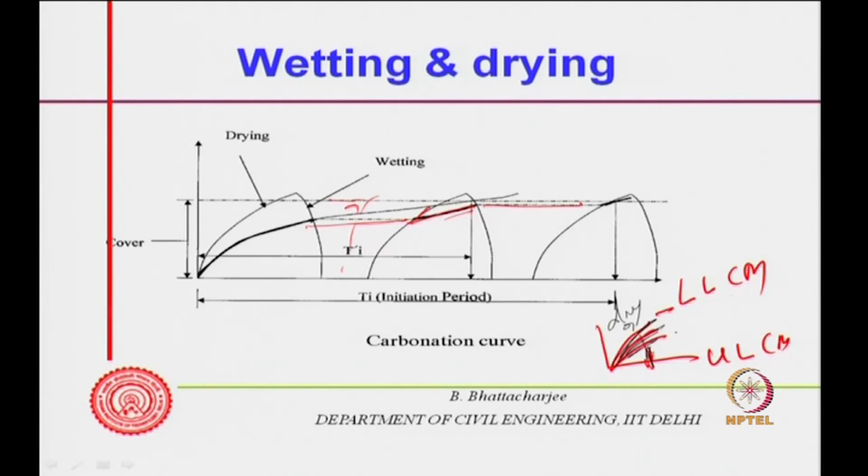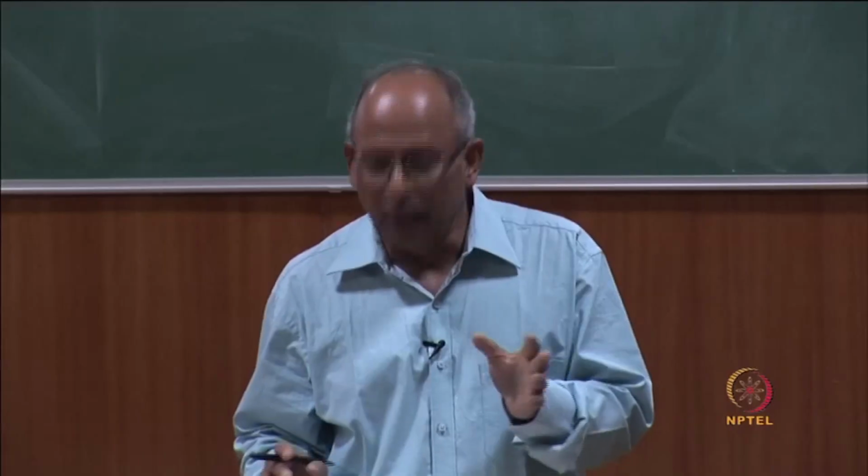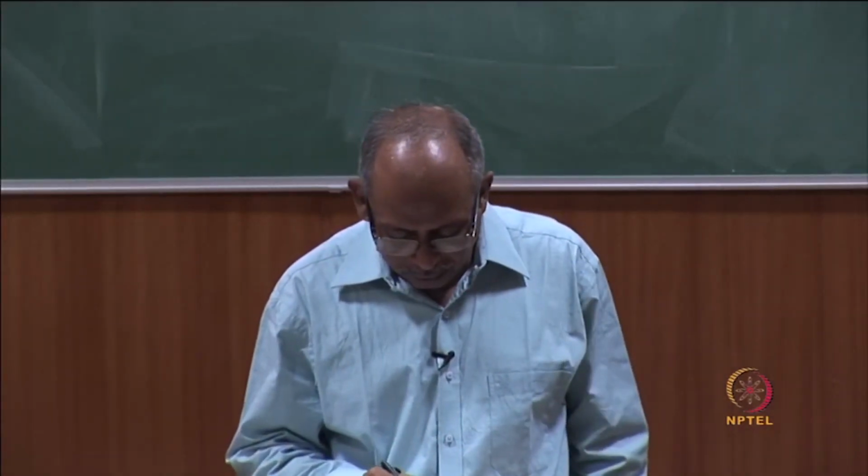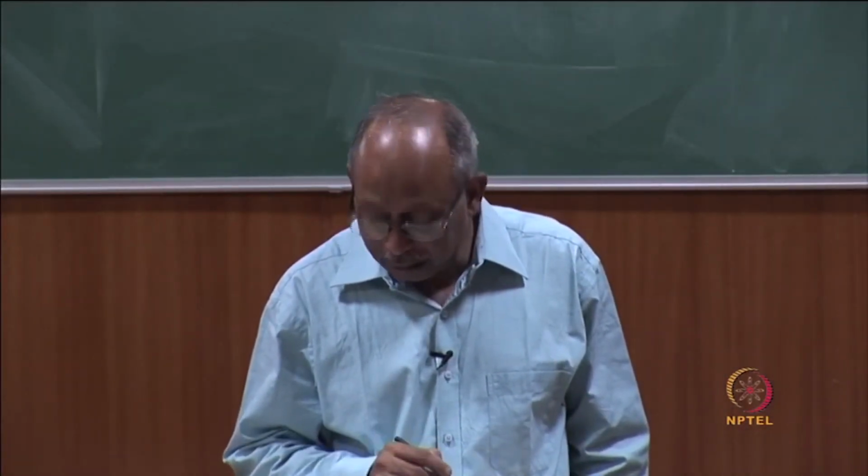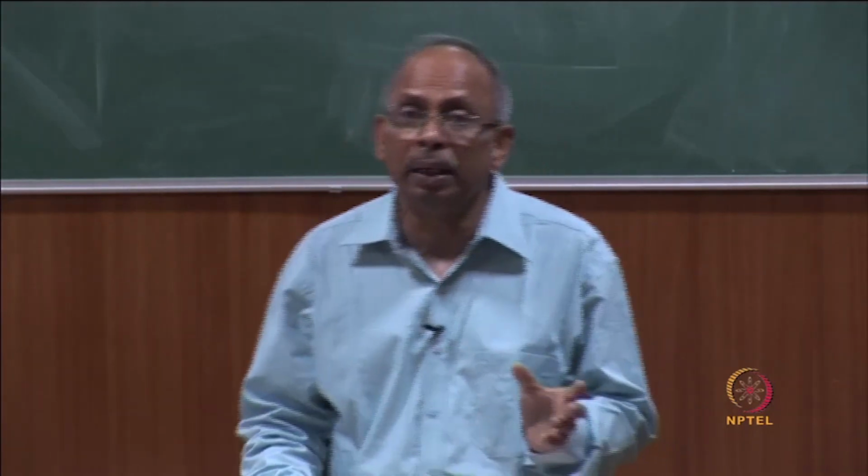Once wetting is over, drying starts, and it will come back like this, and this will also follow like this. It is longer, because drying takes much longer. So, carbonation will follow only during the critical moisture situation. Modeling that is relatively difficult, and people have not done any modeling on those so far. But in the Indian tropical scenario it will be like that.